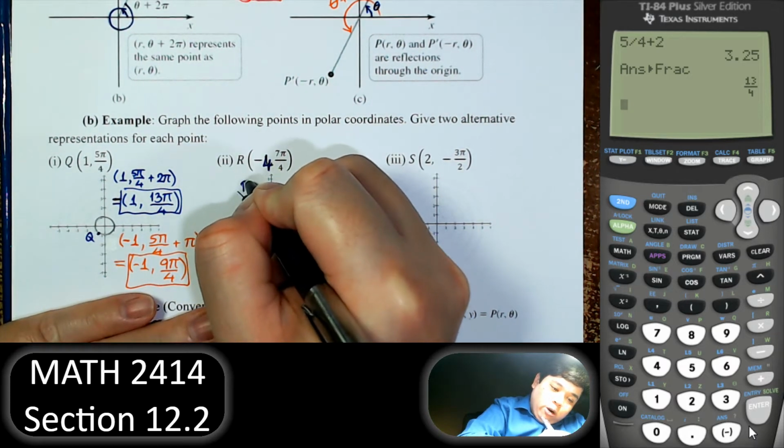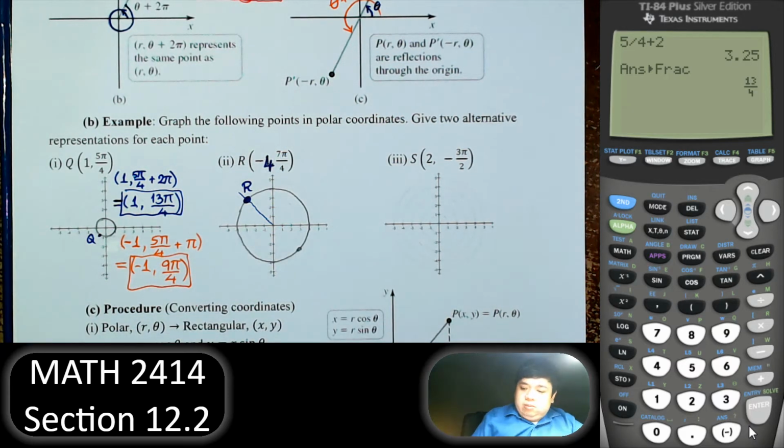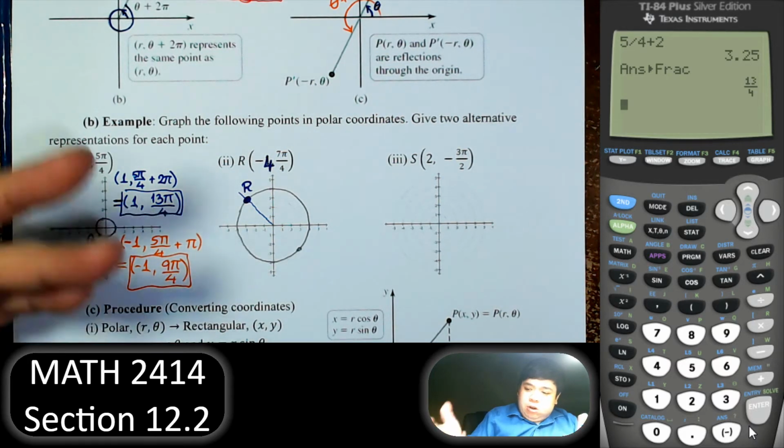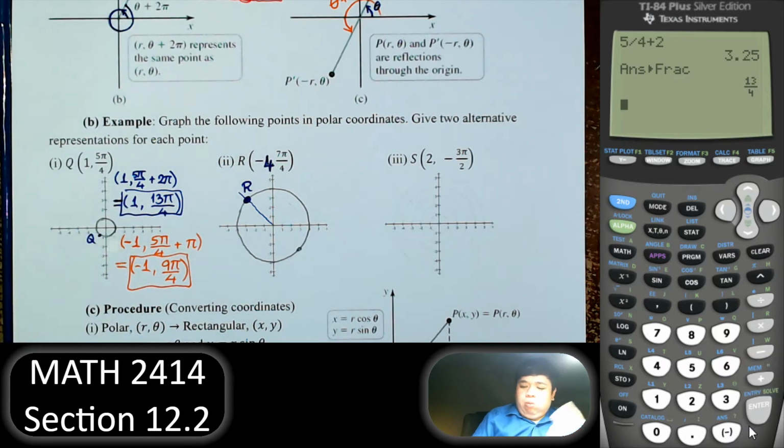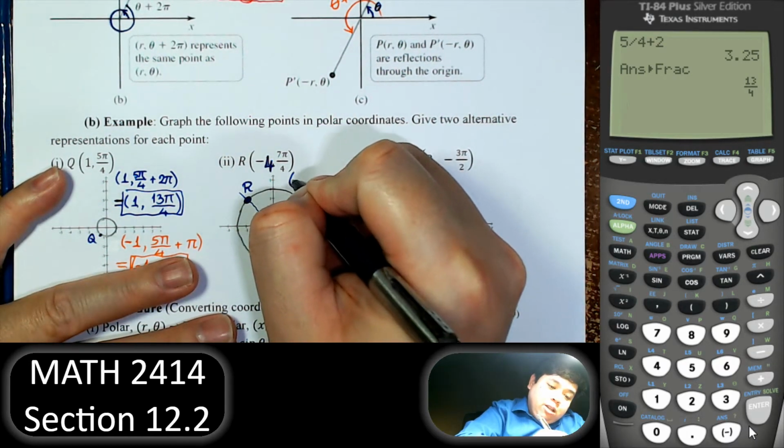This is the point R. Right, if we need two more representations, one way to do that, of course, is to add 2 pi to it. Or if we don't want to add 2 pi, how about we subtract 2 pi? Still the same thing.